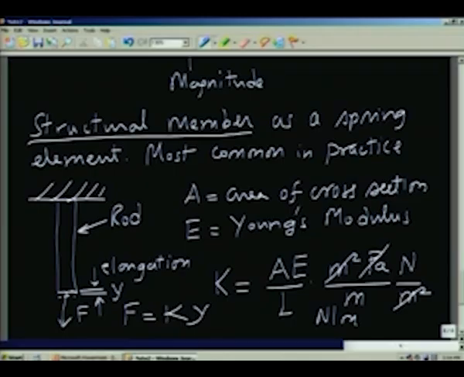Of course, in practice we are talking about very small elongation, we are talking about micro strains. In fact, if you remember, when we talked about measurement of pressure by using a tube, where the pressure is applied inside the tube and you have a strain measuring element fixed onto the wall of the tube, we are talking about very small strains, micro strains.